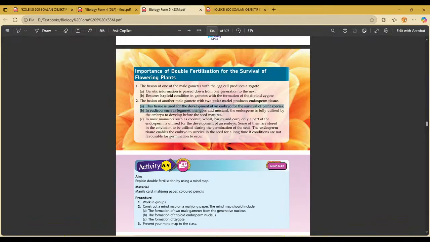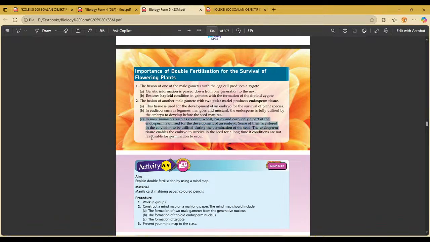Okay. Tissue is used for the development of the embryo for the survival of the plant species. In dicots such as legumes, mangoes, and mustards, endosperm is fully utilized by the embryo to develop before the seed matures. In most monocots, only a part of endosperm is utilized for the development of the embryo. Some of them are stored in the cotyledon, to be utilized during germination.